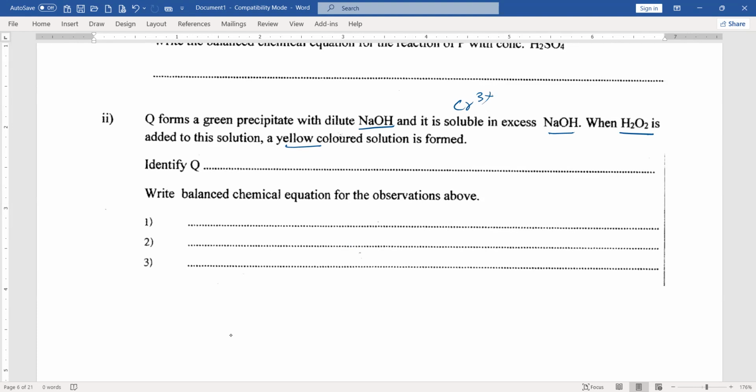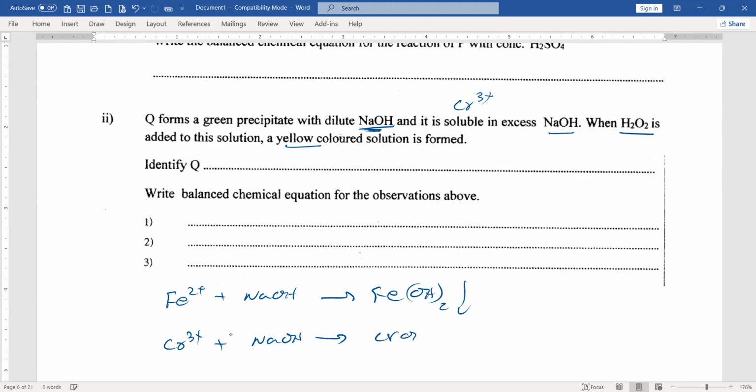Actually, there are two things which can give us a green precipitate with sodium hydroxide. One is iron 2+: Fe2+ plus NaOH will give us Fe(OH)2, a green precipitate. The other is Cr3+ plus NaOH, which will give us Cr(OH)3, also a green precipitate.